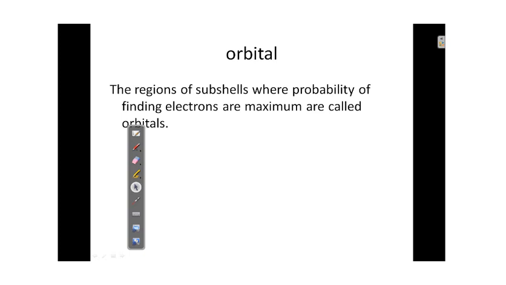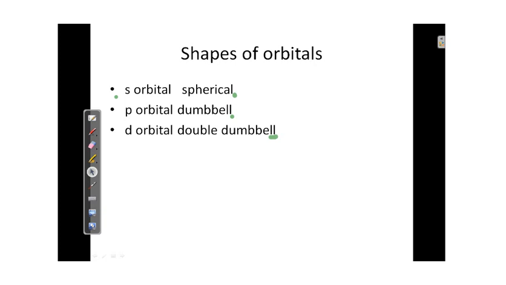Now what are the different orbitals? The different orbitals are S, P, D orbitals. In the XYZ plane, in the S subshell we have only one orbital, that is the S orbital.